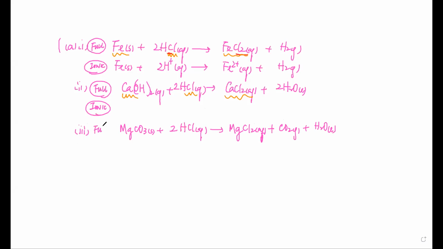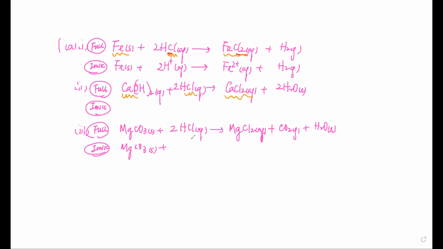So it's the full equation. How about the ionic equation? Why? Because MgCO3 is in solid state, so there is no spectator ion among magnesium and carbonate.